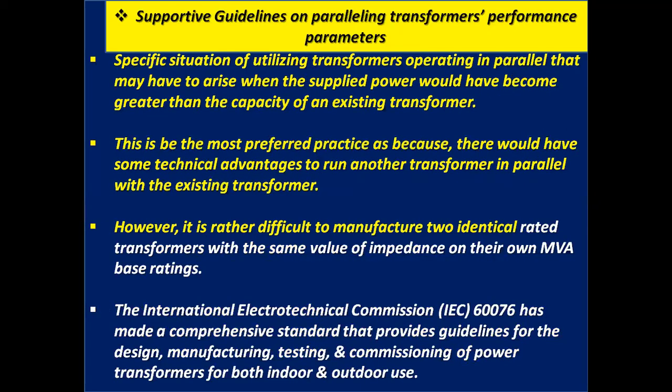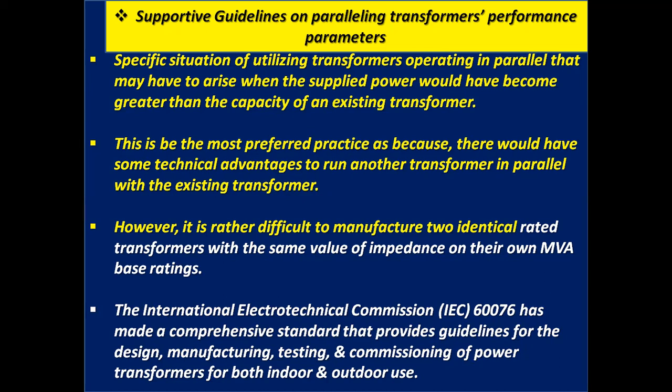Supportive guidelines on paralleling transformers performance parameters. Specific situation of utilizing transformers operating in parallel may arise when the supplied power becomes greater than the capacity of an existing transformer.